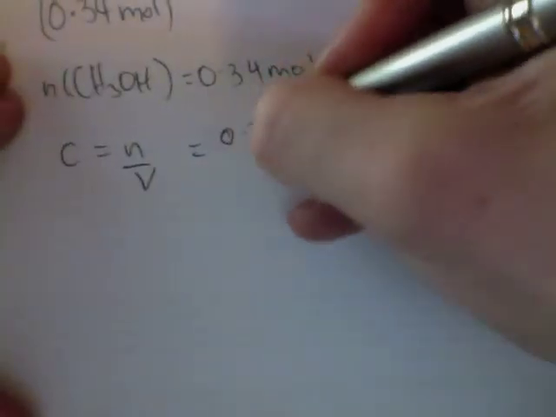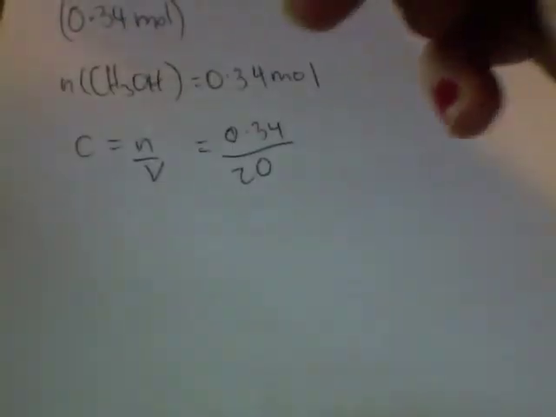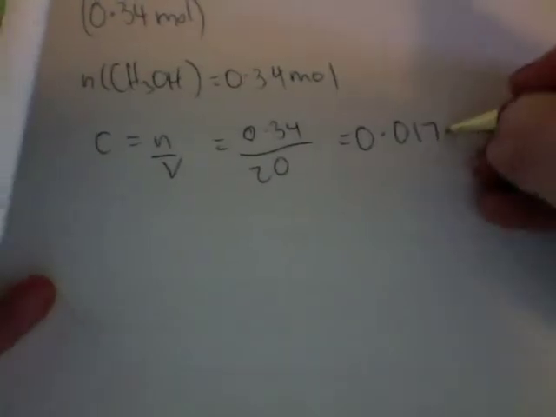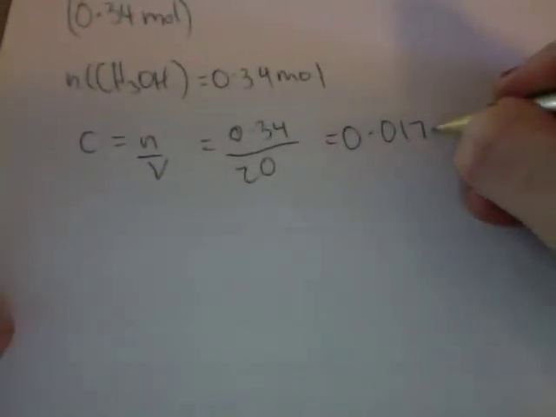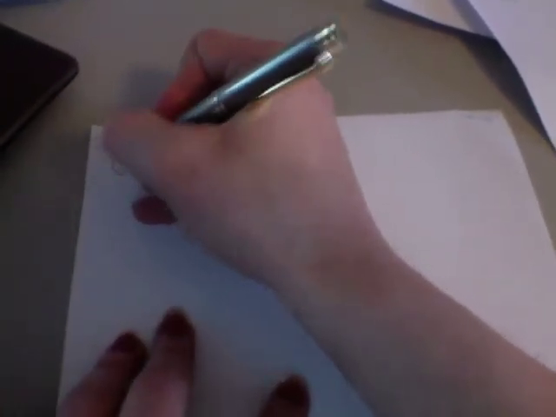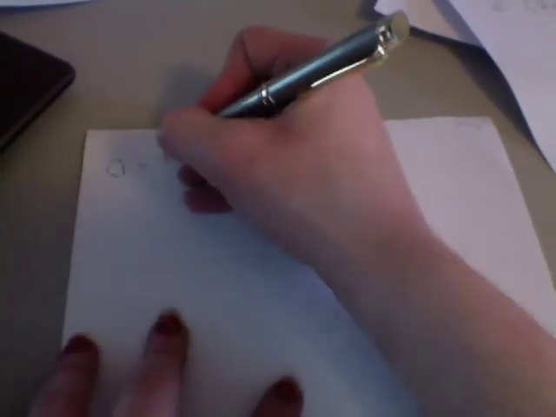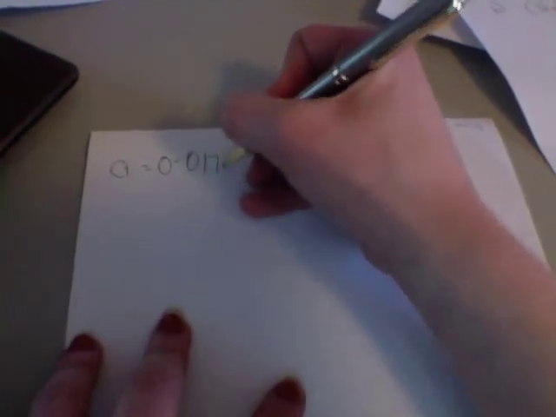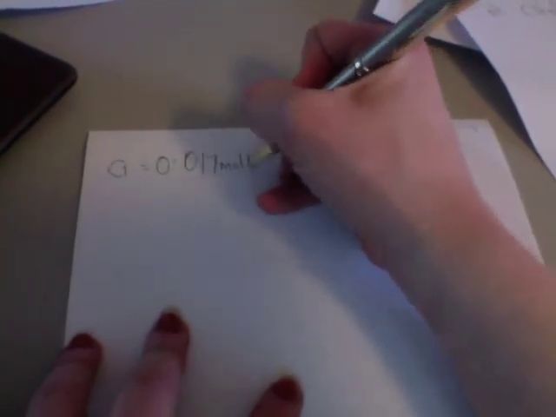C equals n over V equals 0.34 divided by 20, equals 0.017 mole per litre. So let's do part C. CI we worked out to be 0.017 mole per litre.